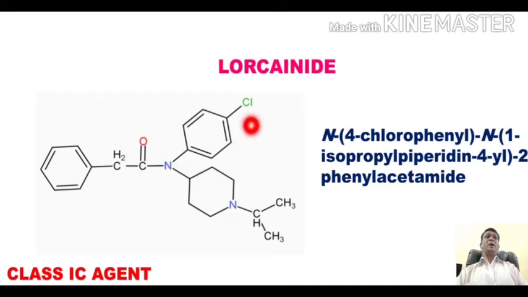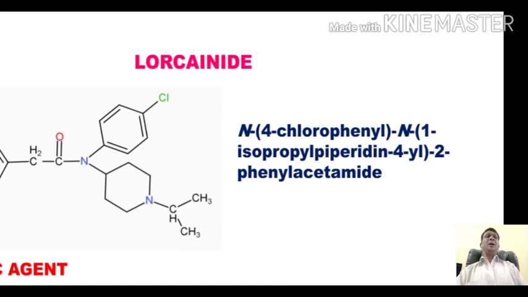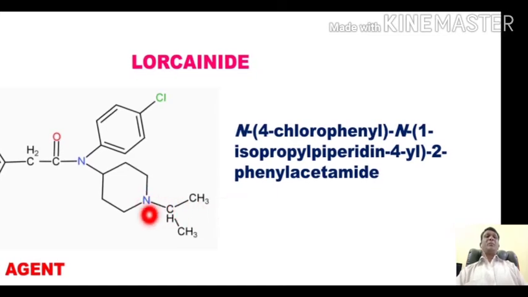On nitrogen we have this 4-chlorophenyl group, and again on this nitrogen we have this 1-isopropyl piperidine-4-yl group. This heterocyclic nucleus is a piperidine nucleus.